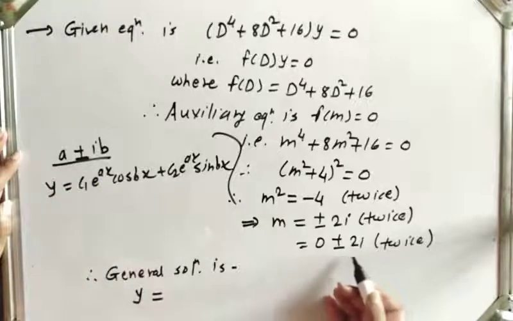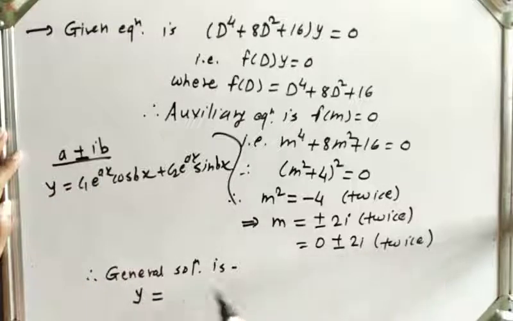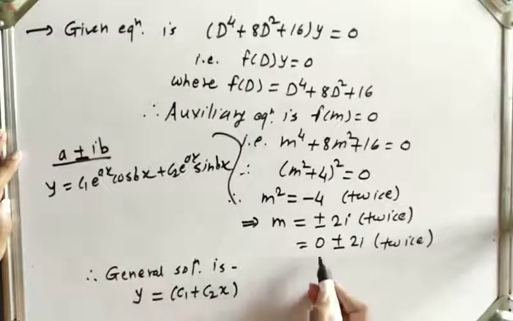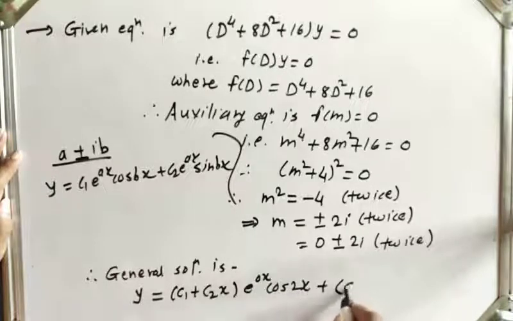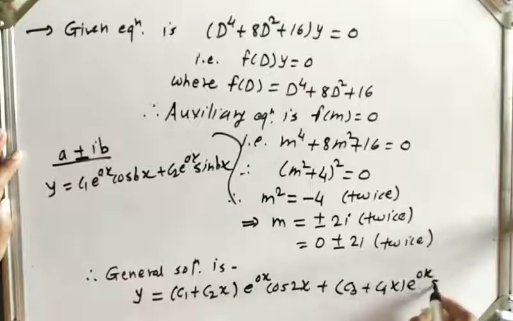Now here 0 plus minus 2i is repeated 2 times, therefore our general solution will be (c1 plus c2x) e raised to 0x cos 2x plus, here again, (c3 plus c4x) e raised to 0x sin 2x.